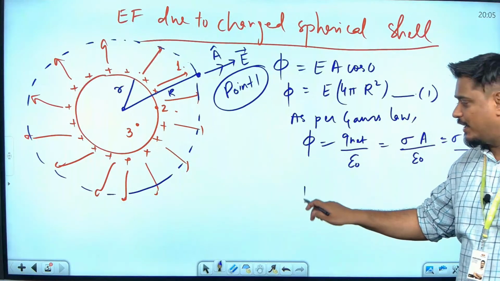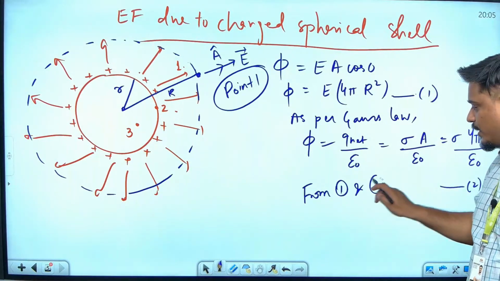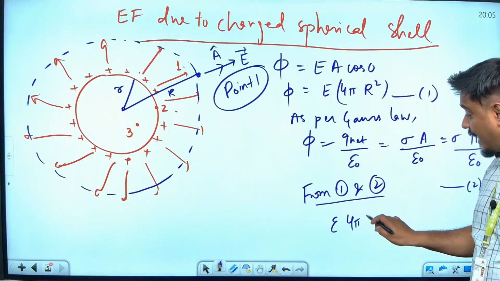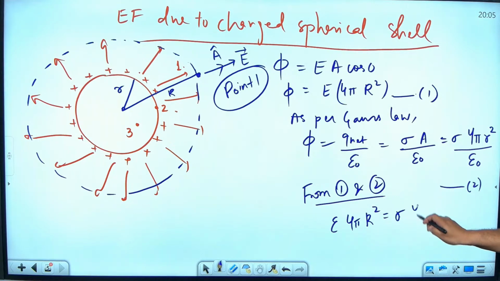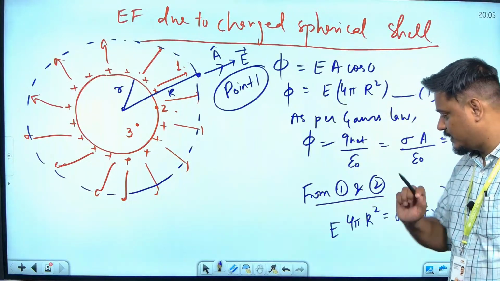Now from 1 and 2, what are you going to get? E into 4 pi capital R square is equal to sigma into 4 pi small r square divided by epsilon naught. Do you agree with me? Let me use capital E, some of you are confused.